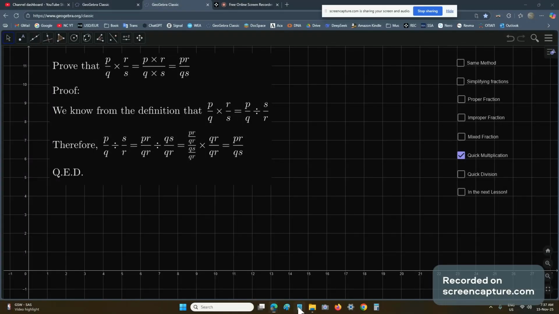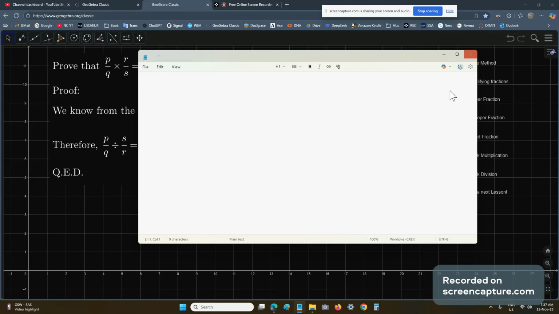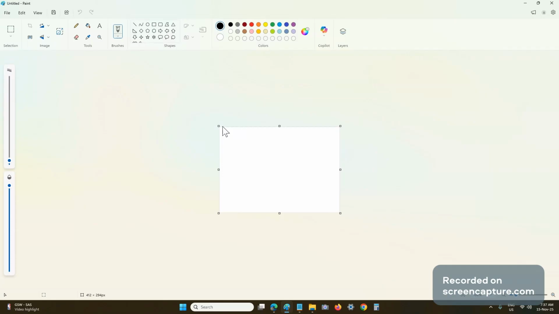So let's quickly do an example on that. If we say 2 divided by 1 over 3, right? That's the same as 2 times 3.